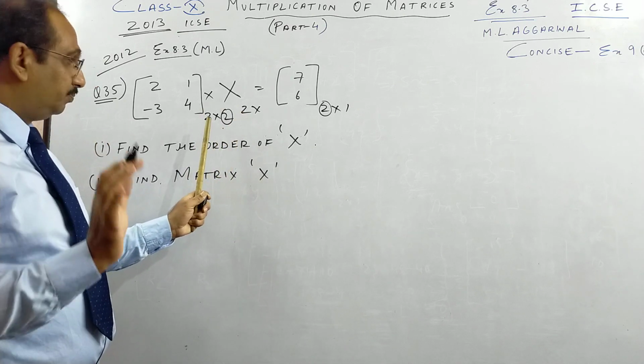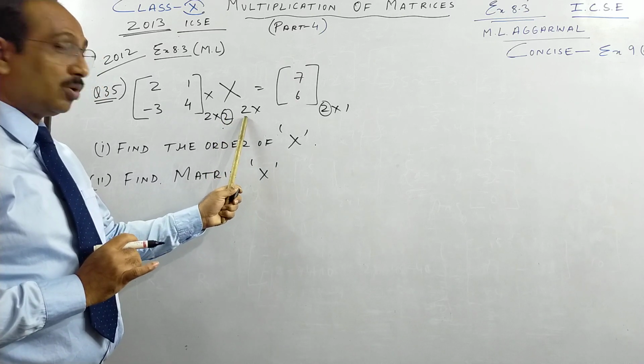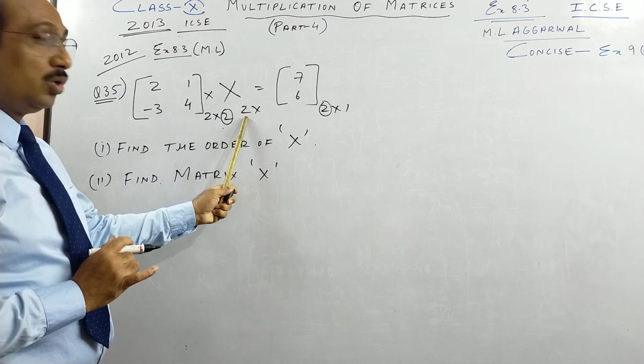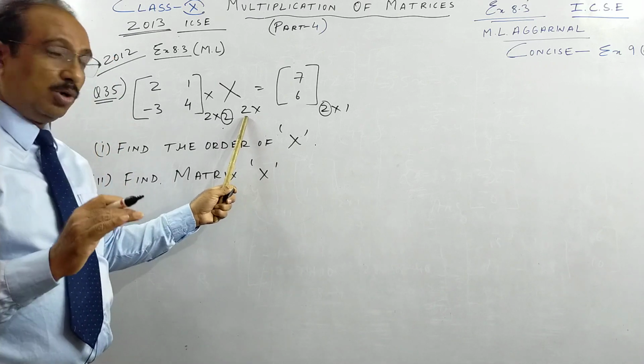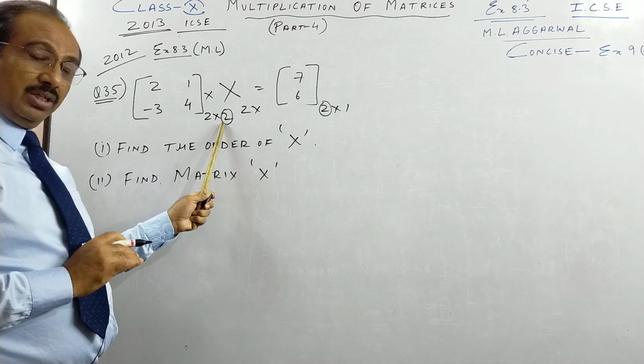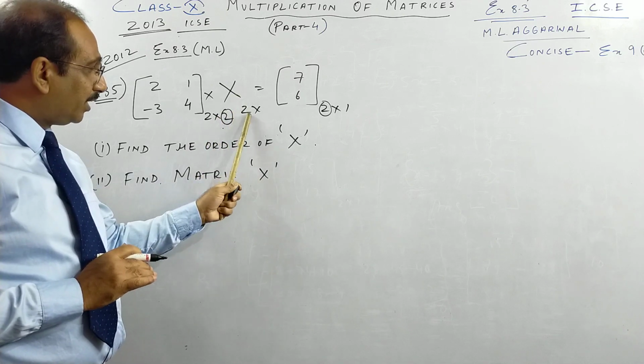See here once more: the column of the first should be equal to the row of the second. So the row of X is 2.